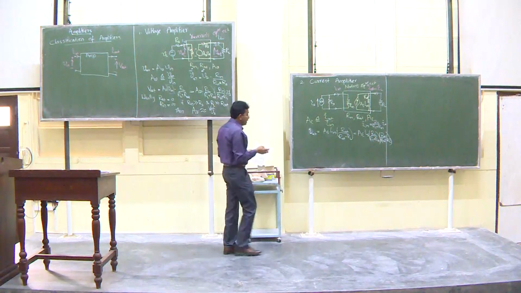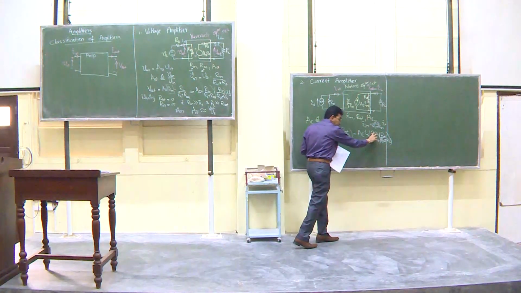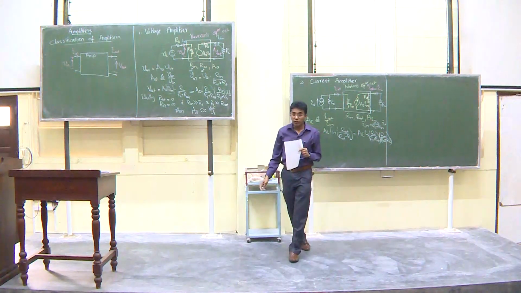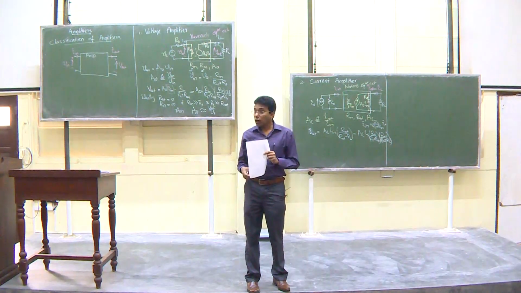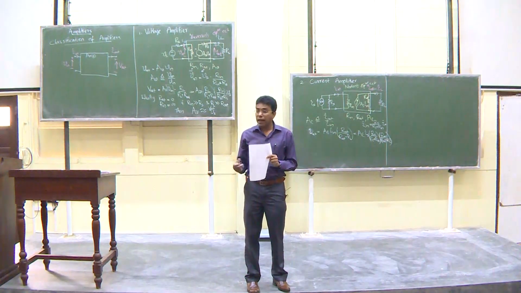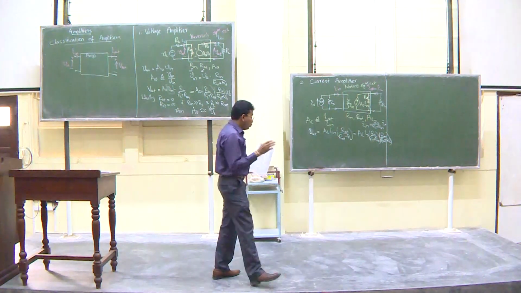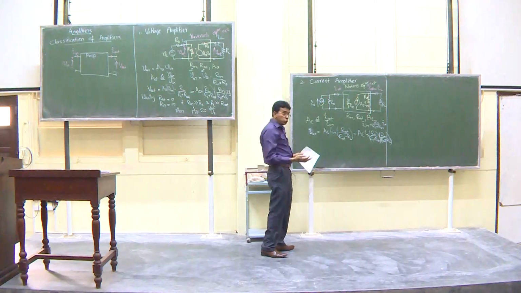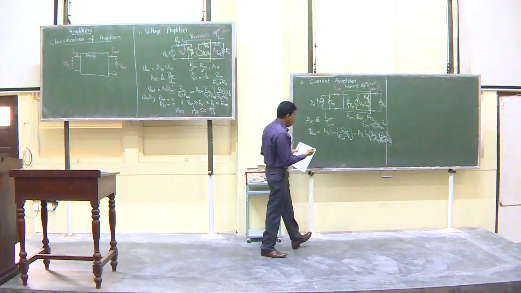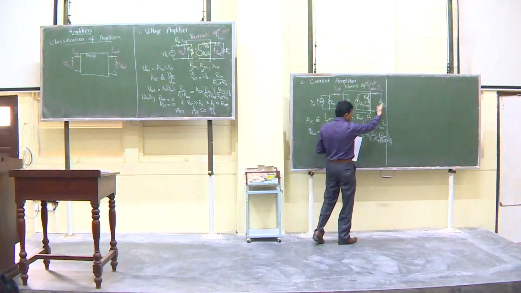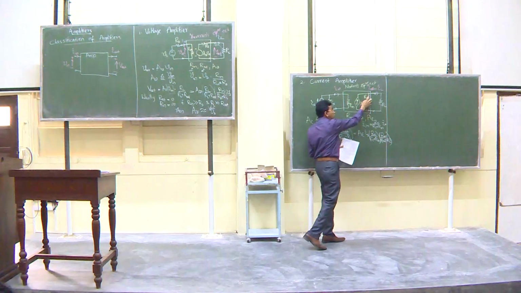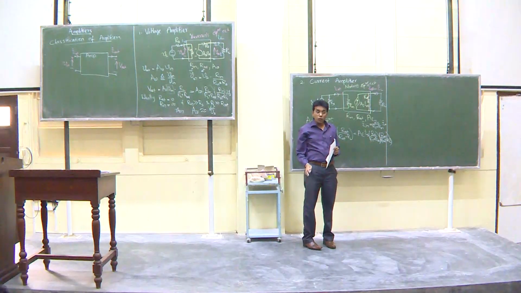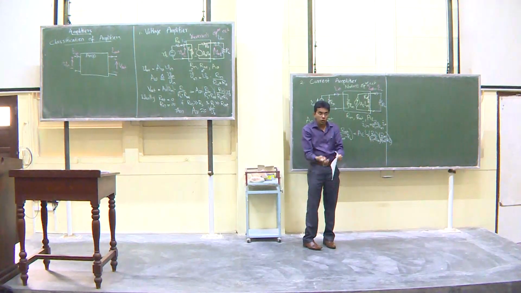Now, as you can see, for practical circuits, this will be less than 1, this will be less than 1. So, therefore, I will not get the full current gain that I can. If I want to get as much of it as possible, I need to make sure that this load is much smaller compared to this output impedance, so that most of the current flows through that load, not through the output impedance.